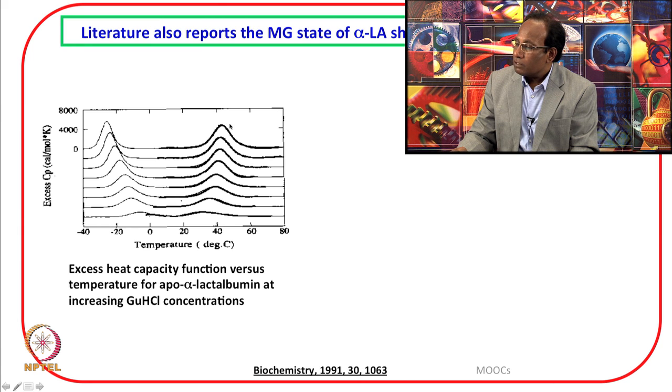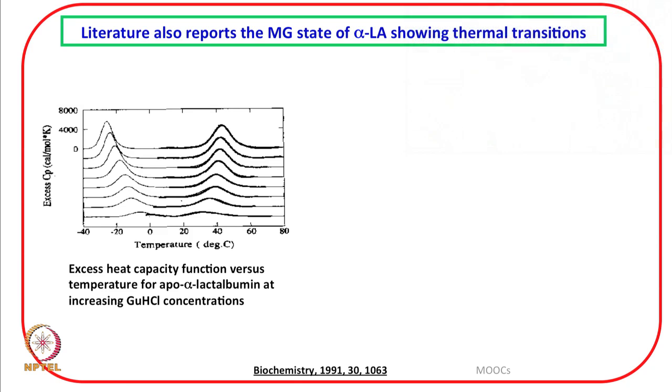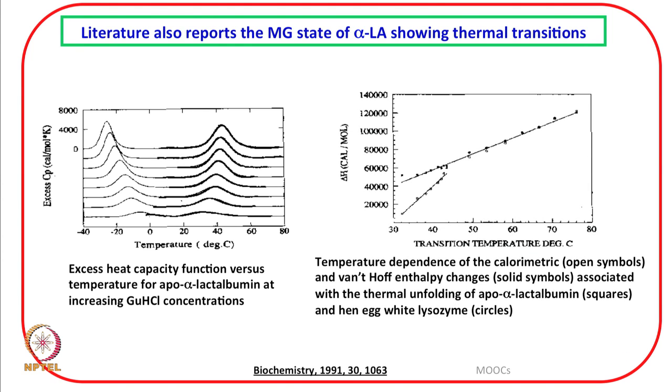What they observed is that when you increase the concentration of guanidinium hydrochloride, the calorimetric enthalpy decreases as well as the transition temperature decreases. They also studied the thermal unfolding of lysozyme along with alpha lactalbumin and made some general conclusions.